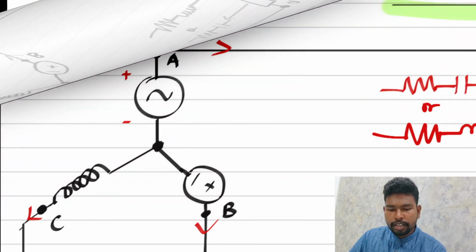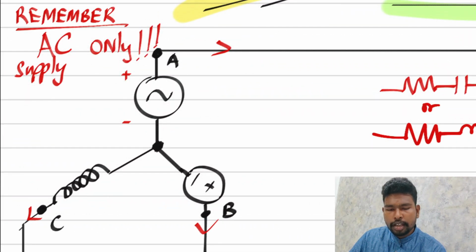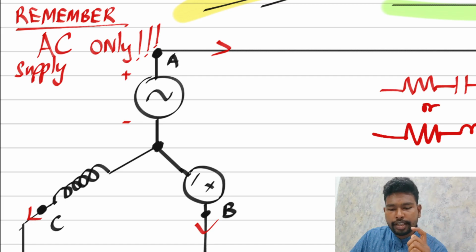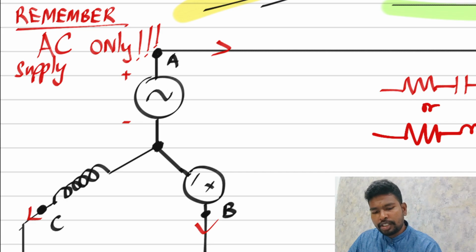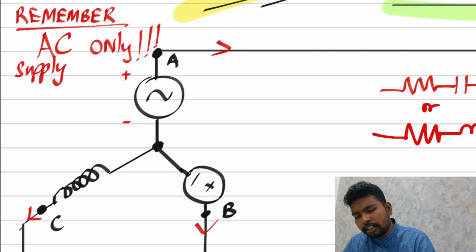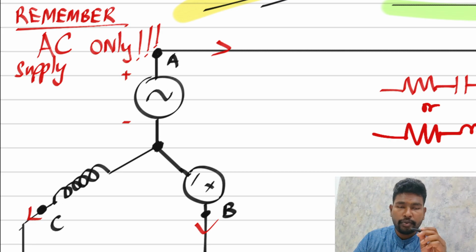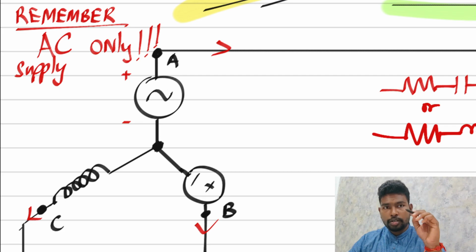I've zoomed in here so that you can look clearly. At the generator part, there are three ways to represent the supply in the generator. Here, this is one way to represent the generator, where there's a circle with a wave in the middle, which shows the AC supply, or I've drawn a curly coil.